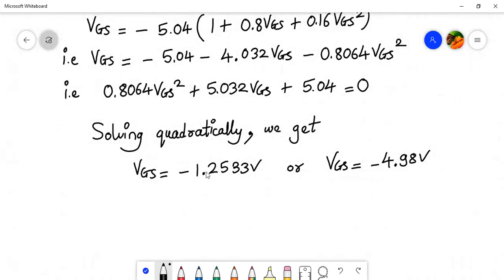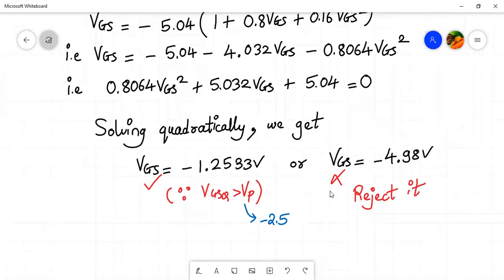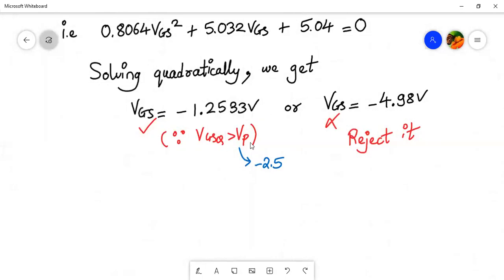I think this one is correct, and we have to write the reason also: VGSQ should be greater than VP. VP is minus 2.5, and minus 1.25 is greater than minus 2.5. Therefore this value is correct, and we should reject the other value. So finally, the value of VGS will be minus 1.2533 volt.